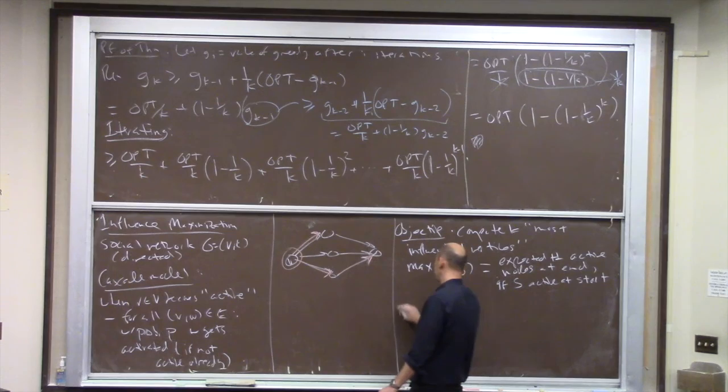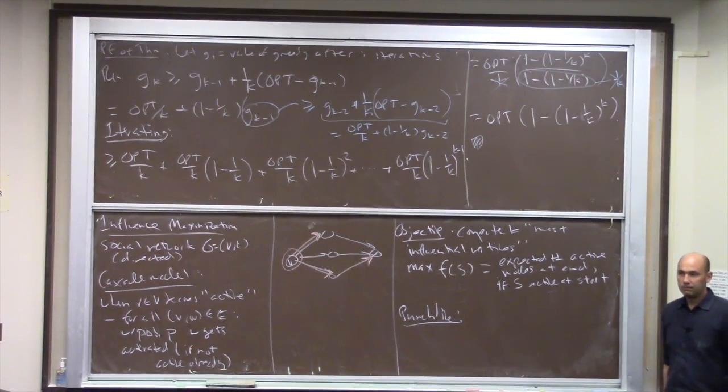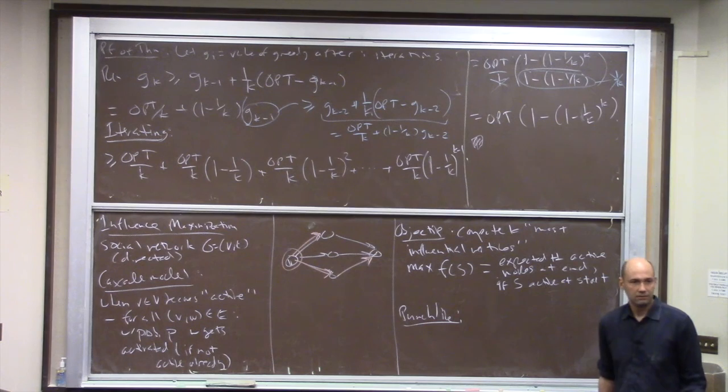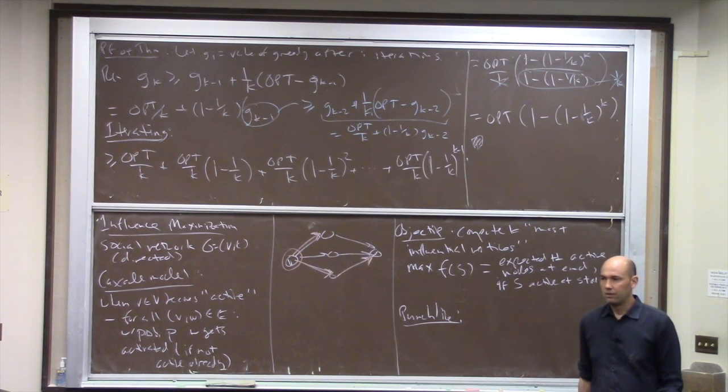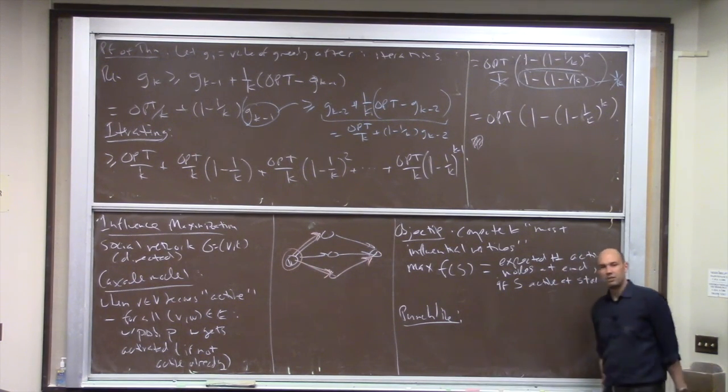So let me just tell you the punchline, because we're out of time. It's natural to think of a greedy algorithm for this. Currently you have nobody. You haven't called anyone on the phone to tell them your idea. So who do you call first? Well, you call the person that's going to lead to the biggest jump in the objective function value.